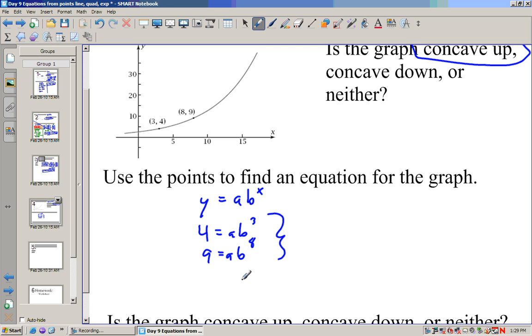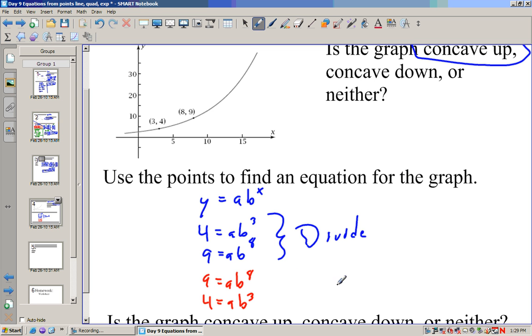Now here we have two variables and two equations, so we need to figure out how to get rid of one equation. So the best way we can do that is to divide. Also, an easier way to do it is if the value with the highest exponent is in the numerator, on the top. So I'm just going to rewrite this so it's a tiny bit easier.